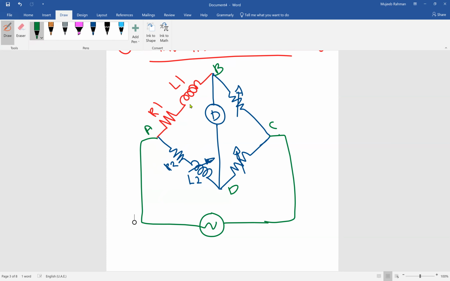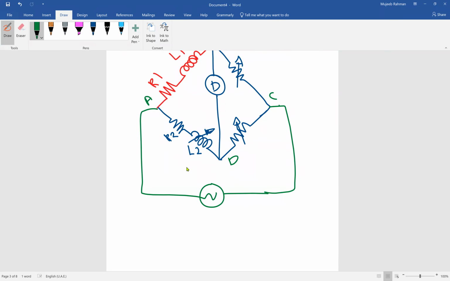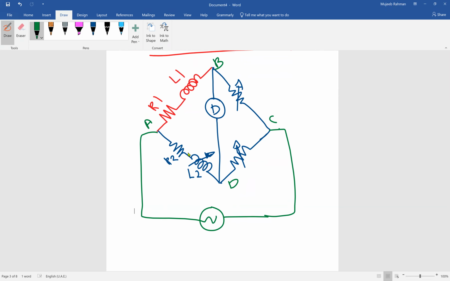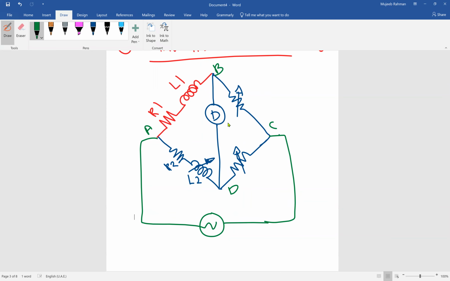So the branch AB consists of the unknown resistor and unknown parameters, a coil whose resistance and inductance are to be calculated, which is indicated in red. The second branch AD consists of a standard variable inductor having an inductance of L2 and an internal resistance of R2. It also has two other variable resistors, R3 and R4 respectively. So this is R3 and here we have R4.